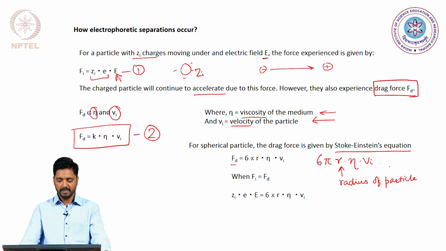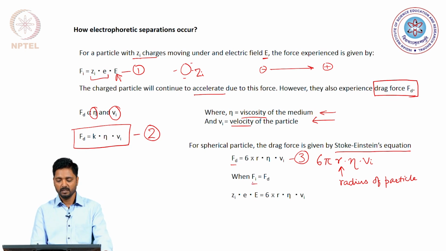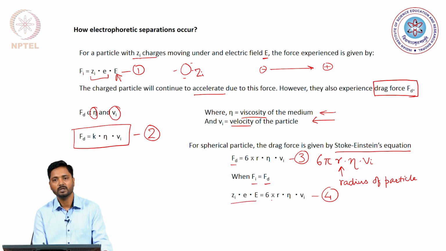Now, it may happen that the force due to the electric field becomes equal to the drag force, and in those conditions we can write equation 4, where the ZieE term becomes equal to the 6 pi r eta Vi term coming from the drag force.